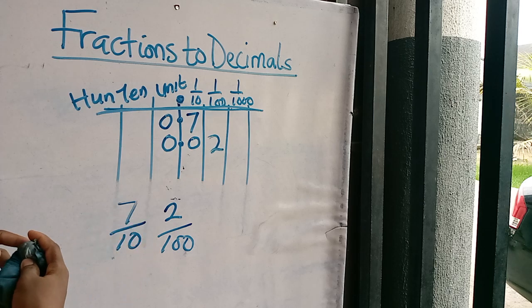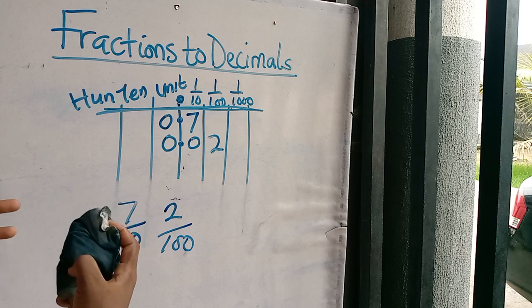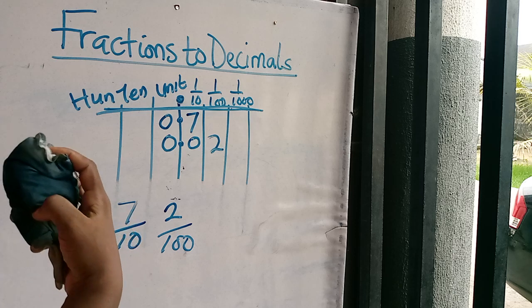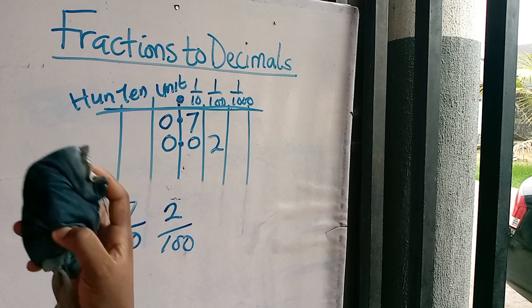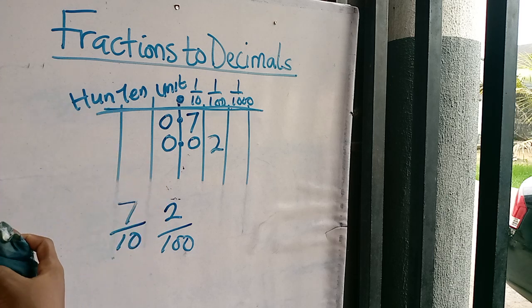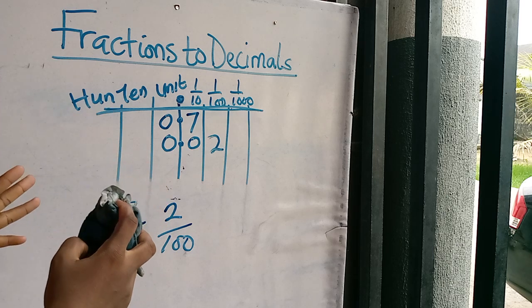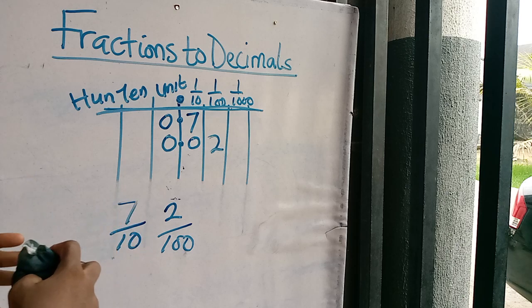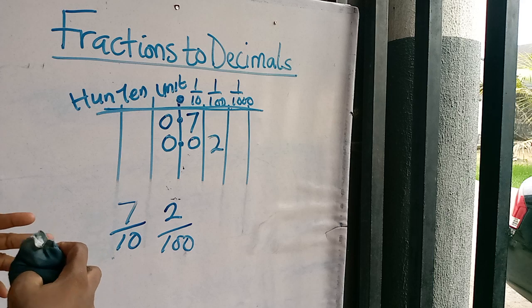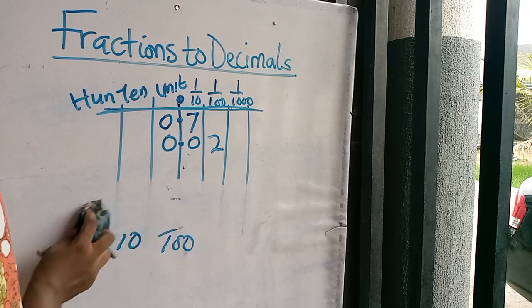But on the other hand, what if our fraction has a denominator that is not 10, 100 or 1000? Then our go-to strategy is to make a new equivalent fraction with a friendly base 10 denominator.